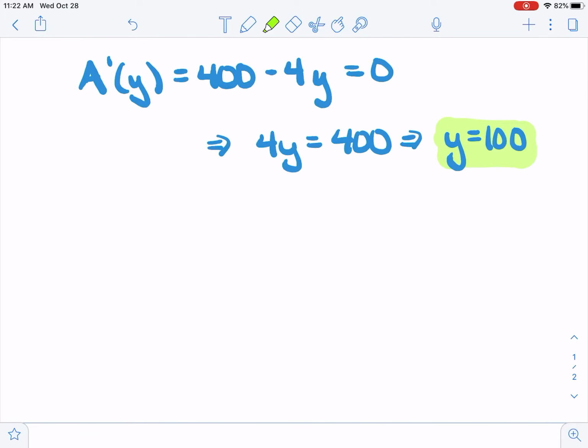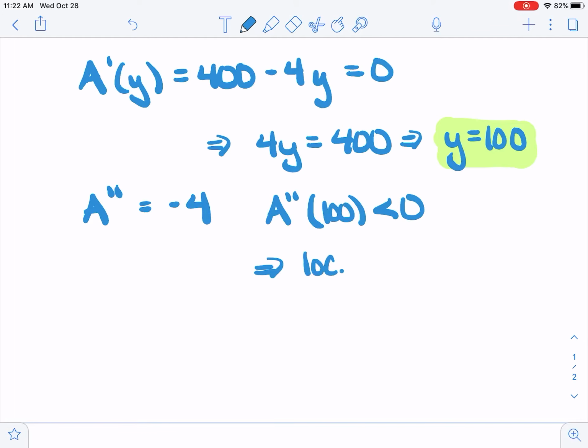All right, so we can double check that that is a maximum using the second derivative test. The second derivative is minus 4, so the second derivative at 100 is less than 0, and so what we have is a local max.